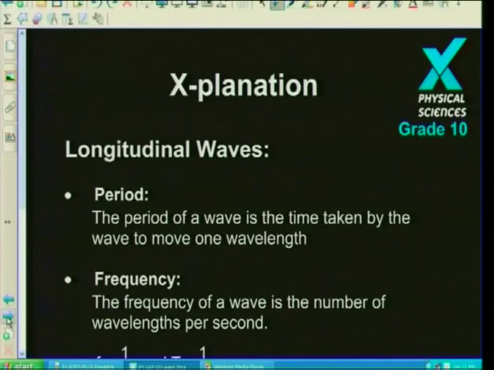If we decrease the pressure, we get a rarefaction. Okay? Amplitude is going to become quite important when we look at sound waves, which we're going to do a little later on today. But we're talking about waves. Okay, longitudinal waves have wavelength, amplitude, but they're a wave, so surely they have period and frequency.